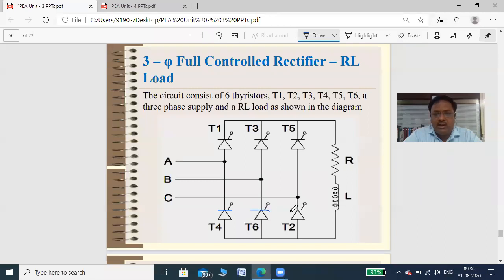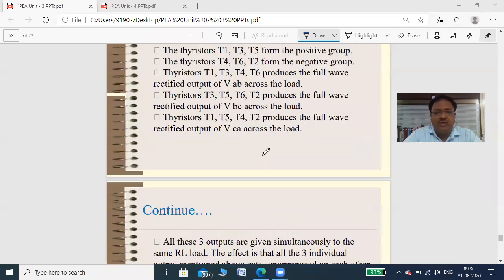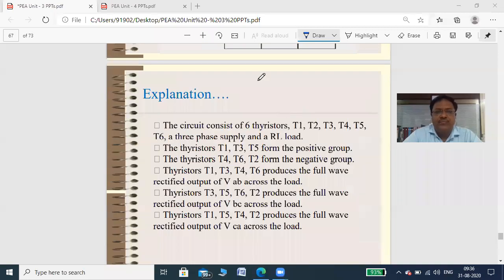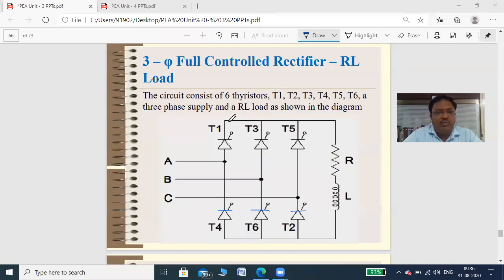This is the SCR, and this is a three-phase fully controlled converter for R load. We have already seen this for RL load, and it is very similar to the R load; the working is given here. But I want to ask you again, if you have any problem in the three-phase fully controlled converter, then you can ask, right?